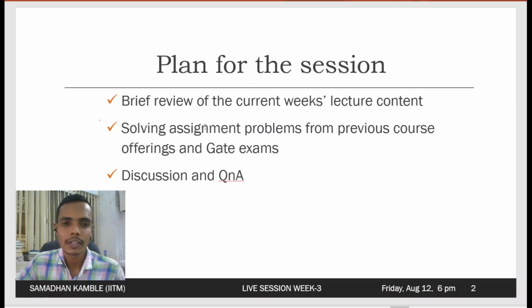Then we'll move to our main content, that is solving the assignment problems, which are primarily from the previous course offerings, and I have also included some competitive exam questions such as GATE questions related to this week's lecture content, so you can get a feel that what you are learning is actually important in these competitive exams as well.